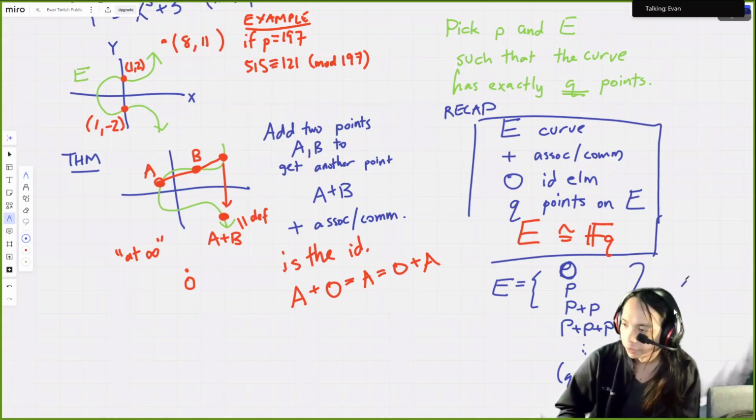So at this point, I'm even going to give these things names: 0P, 1P, 2P, up to Q minus 1 times P.